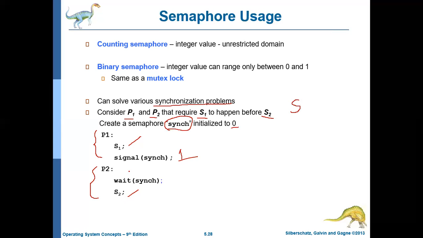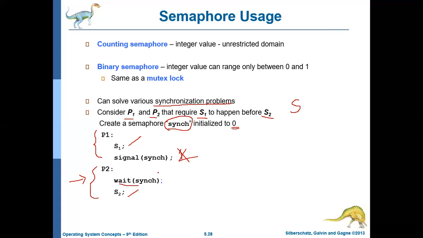So no issues. But say the order is not maintained. Say assume P2 is executing first, not P1. P2 is executing first. So there is a chance that S2 may be executed first, which should not happen. So in this case, what happens? Sync is initialized with 0. So before executing S2, P2 calls wait of sync. In the wait code, you know what it does.